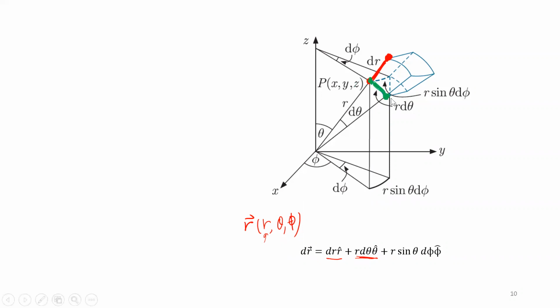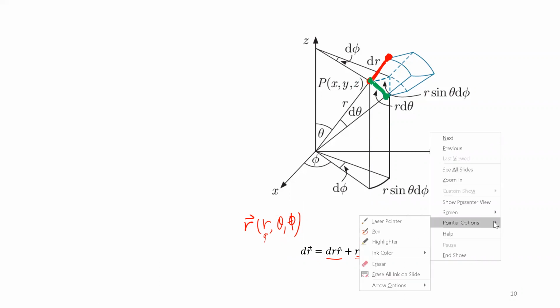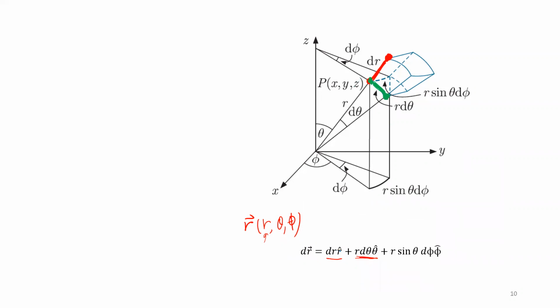So what is this length? This length is r d theta. So similarly, if you change the phi value a little bit, then you will move like this by this amount. So this would be r sine theta d phi.